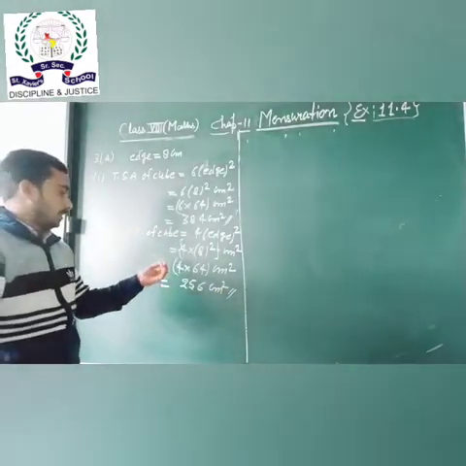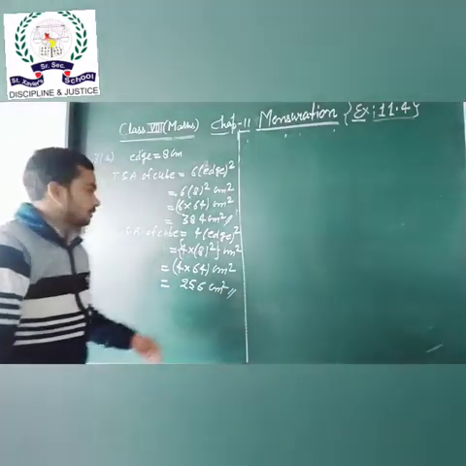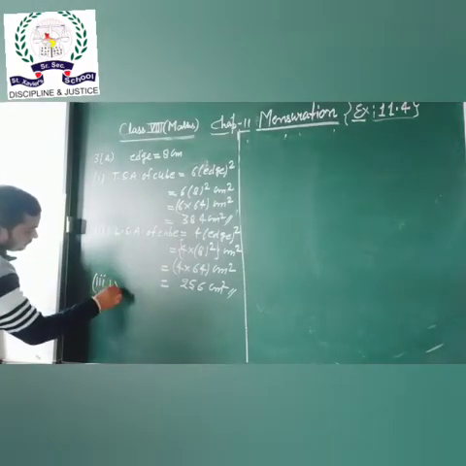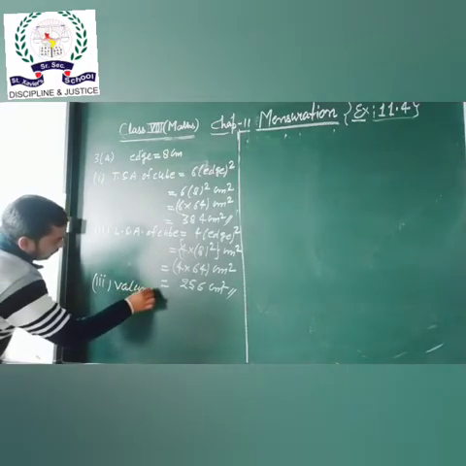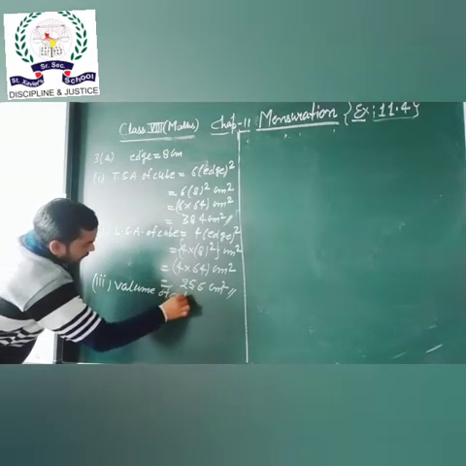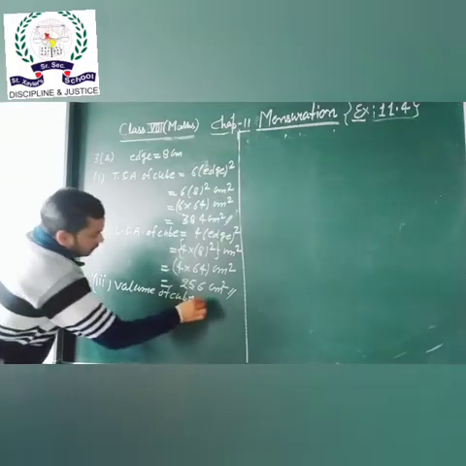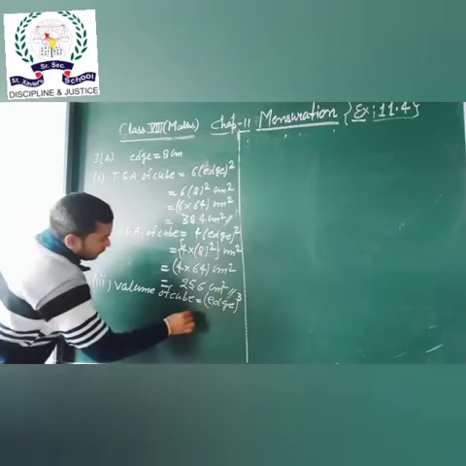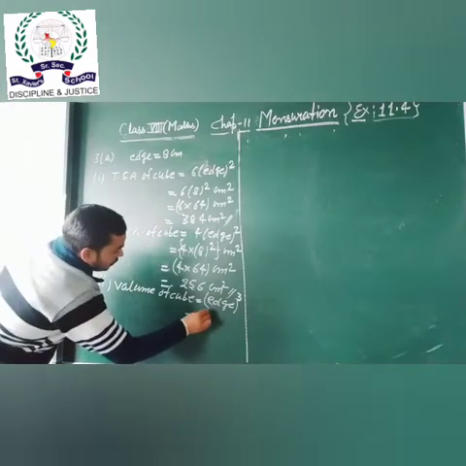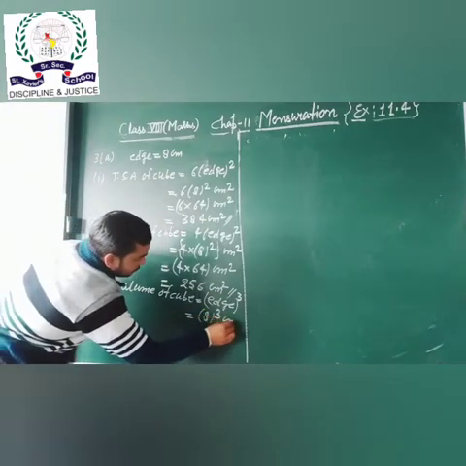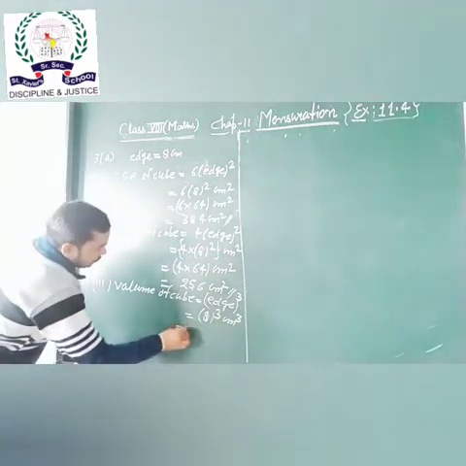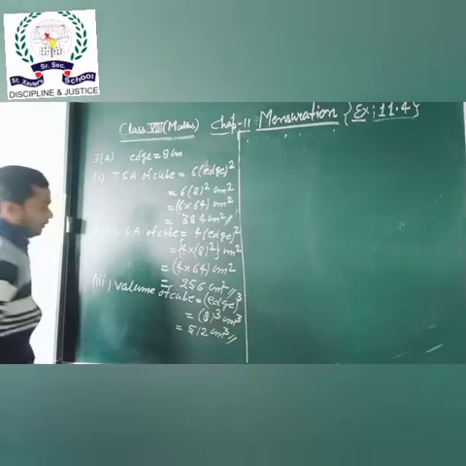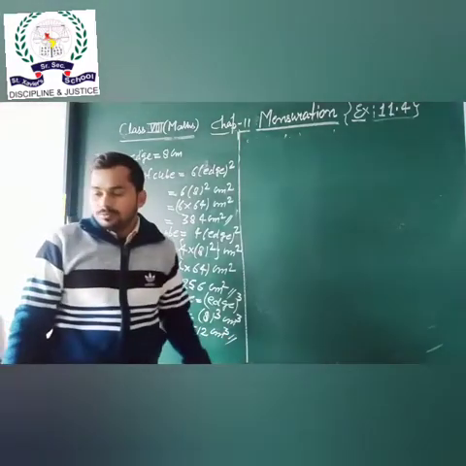So lateral surface area of cube is 256 centimeter square. Then find the volume of cube. Volume of cube equals edge cube, edge to power 3. Edge is given 8 centimeter, so 8 cube, and cube of 8 equals 512 centimeter cube. So volume of cube is 512 centimeter cube.